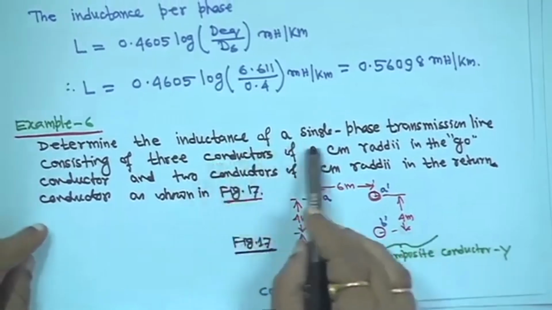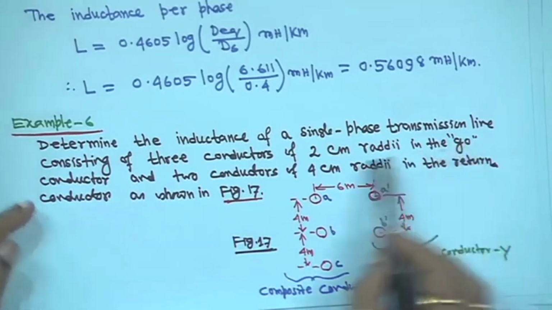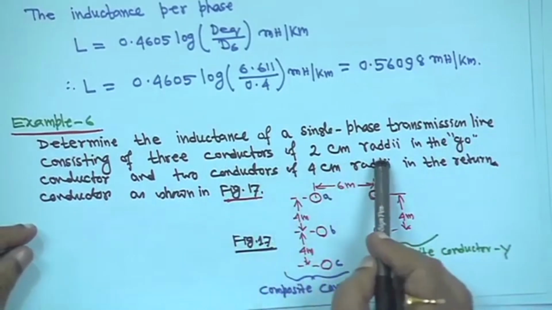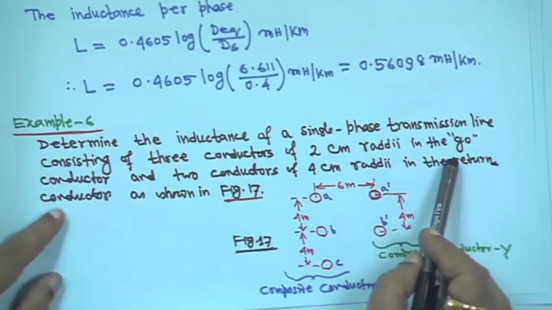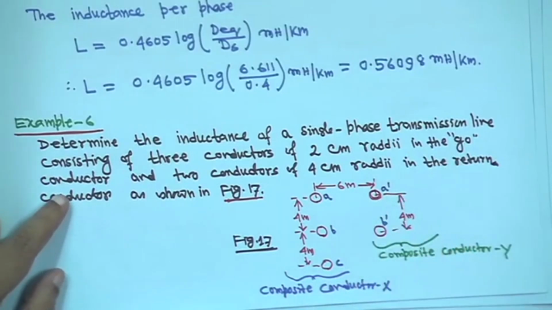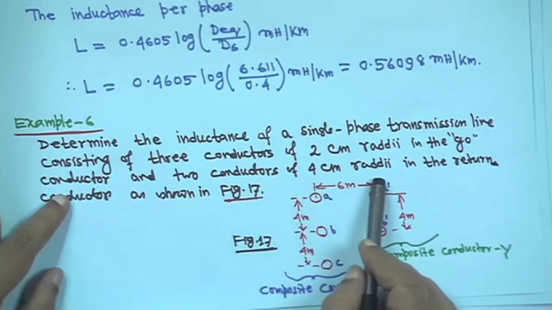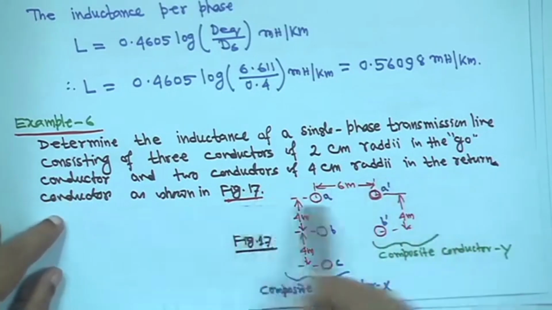Determine the inductance of a single phase transmission line consisting of 3 conductors of 2 centimeter radii in the go conductor. Go means you assume current is going into the page, right, and 2 conductors of 4 centimeter radii in the return conductor, as shown in figure 7.